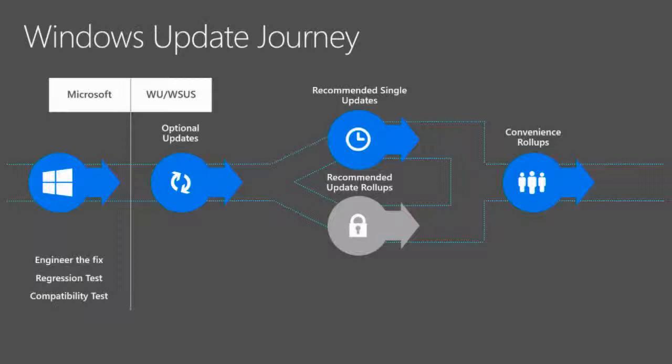Now, for the last 2 years or so, since Windows 8, we release Windows Updates that are not security updates as optional updates. As a matter of fact, about 2 weeks ago, somebody reported, oh my God, Microsoft is releasing 34 optional updates. What should we do about this? We've been doing this for 2 years.